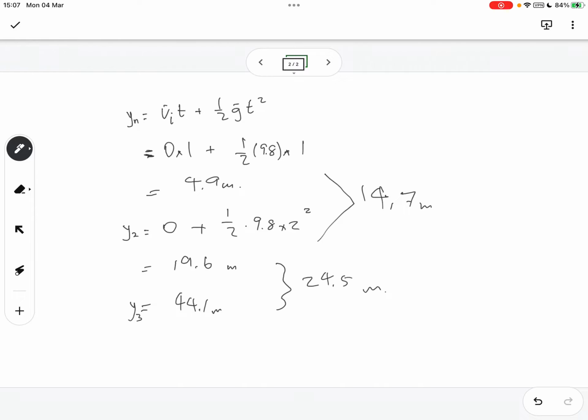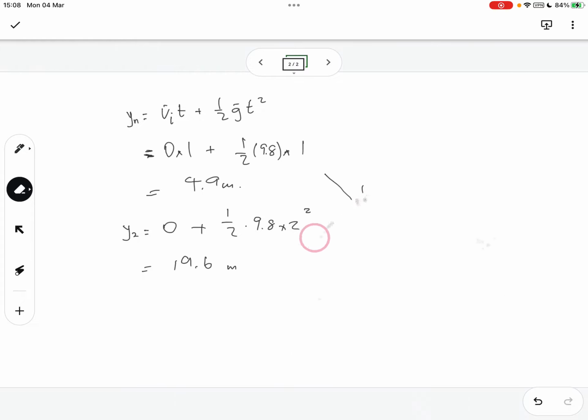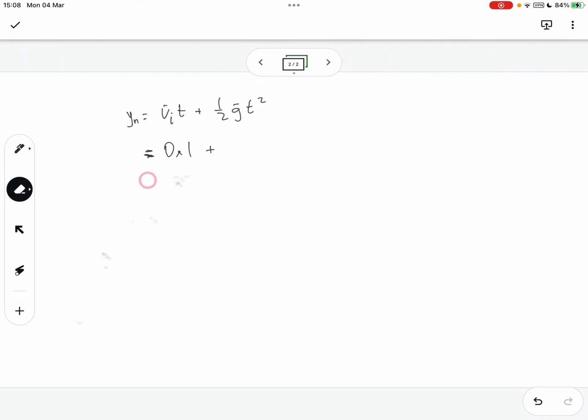We don't have a common difference between the distances. As it drops, it covers a much longer distance per second. So this one doesn't really help us.